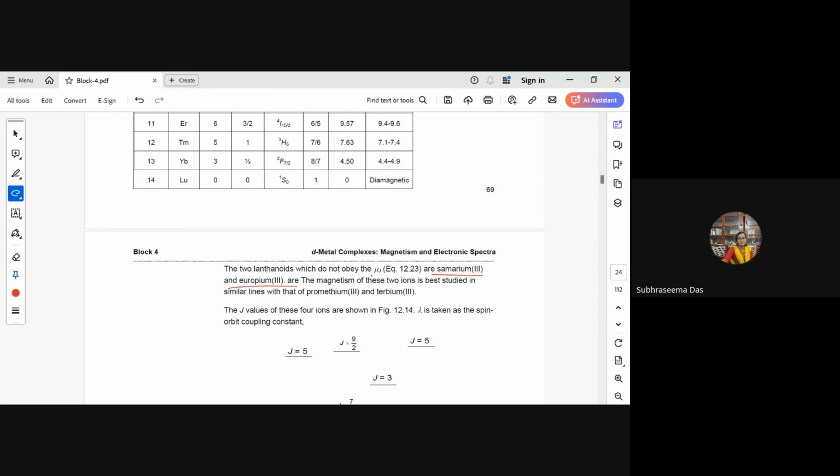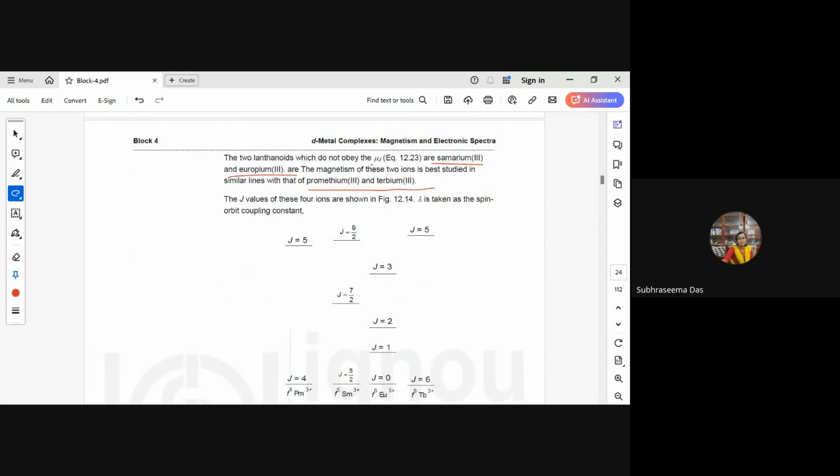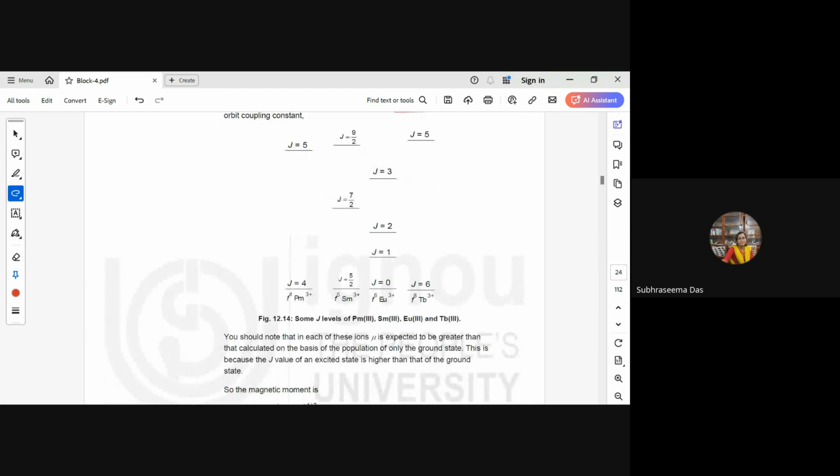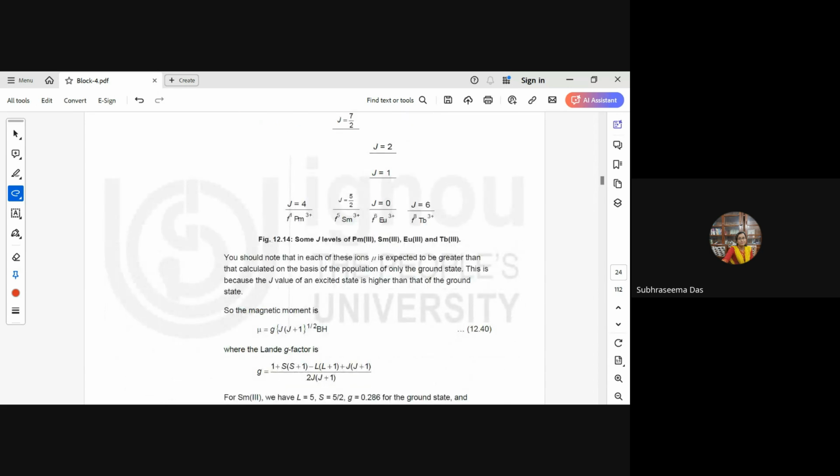However, the magnetism of these two ions can be considered in line with promethium and terbium, and the J values for these four ions are compiled together in figure 12.4. In this case, the mu is expected to be greater than that calculated, based on the population of the ground state.